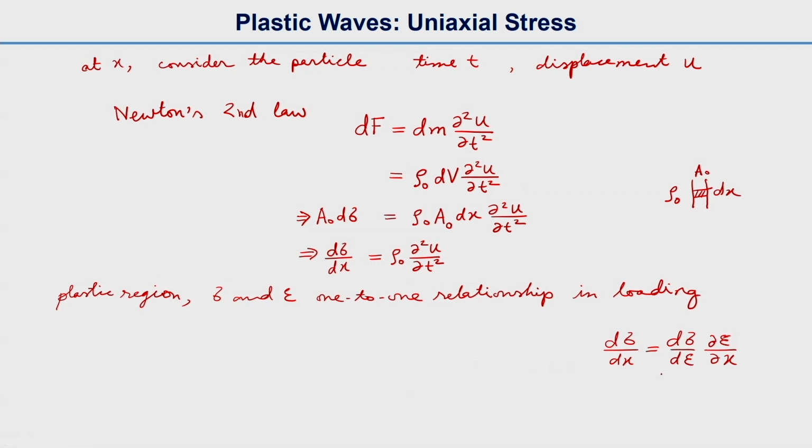So we can write the above equation as rho naught times the second partial of u with respect to t equal to d sigma by d epsilon times the partial of strain with respect to x.